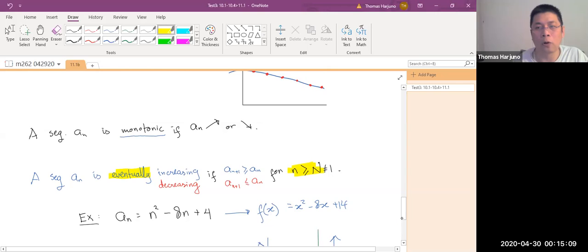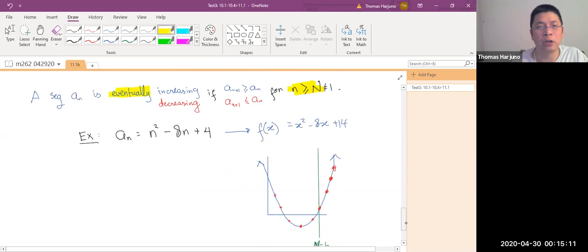We just need eventually increasing. Therefore, if you have an eventually increasing or eventually decreasing case, can you guess what it means to say a sequence is eventually monotonic?